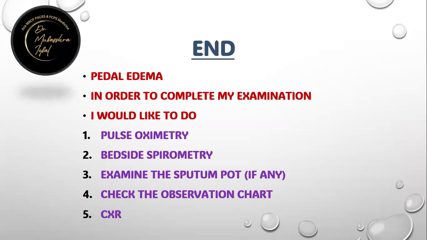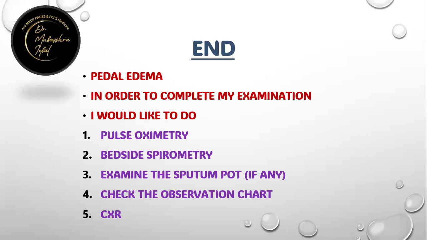After that, you will end your examination by looking for pitting pedal edema, because this will give you a clue that this patient might have pulmonary hypertension or cor pulmonale, that is right heart failure secondary to pulmonary cause. Just after completing your examination and moving towards the examiner for viva, you should say this sentence: in order to complete my examination, I would like to do pulse oximetry, bedside spirometry, examine the sputum pot if there is any, check the observation chart, and look for the chest x-ray.